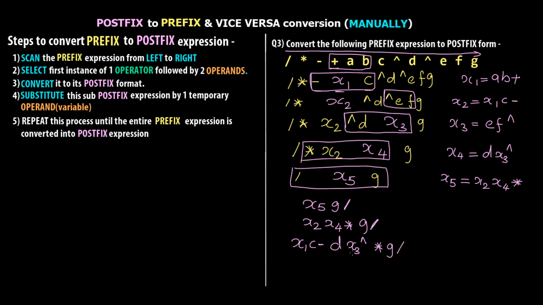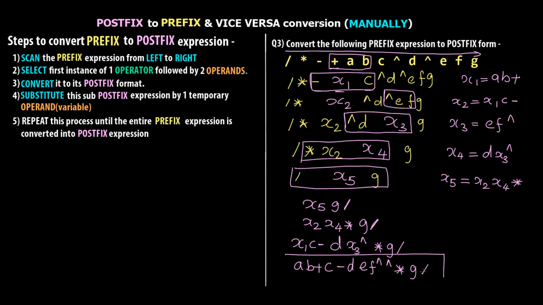So lastly we have x1 and x3. What is x1? x1 is ab plus. So I'll write ab plus. Then we have c. Then we have minus. Then we have d. What is x3? x3 is ef raised to, so we have one more raised to after x3, we have star, we have g and divide by.